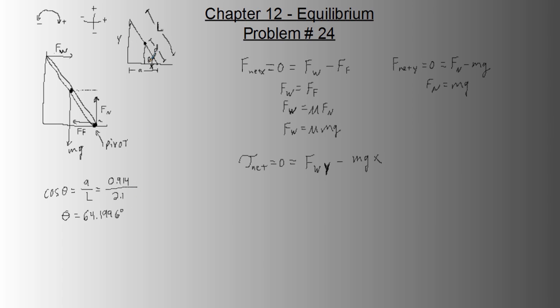We could use Pythagorean to find y. We didn't need this angle for that, but I think we need that angle for this little triangle because we don't know either of the legs. So anyway, using sine of this angle, sine of theta equals y over L, we can get y, because we know theta now is 64 and we know L is 2.1.